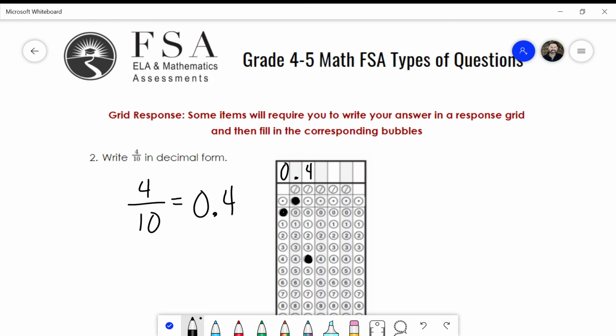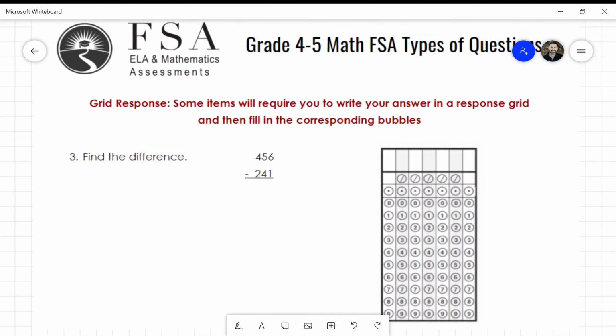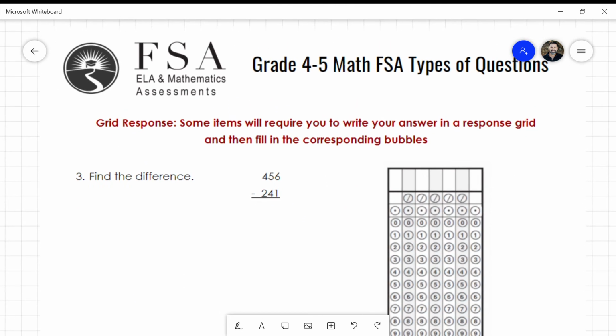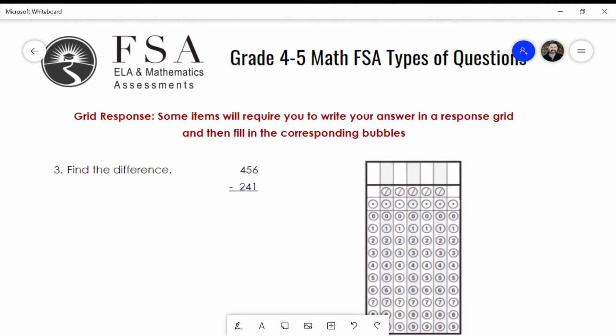Let's try another one. That was a decimal, and the one before that was a fraction. This one is looking at what if you get a question where the answer is a whole number. I just need to find the difference, so I'm going to subtract these. After subtracting, you get 215.